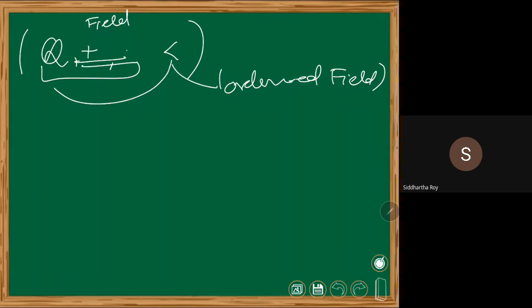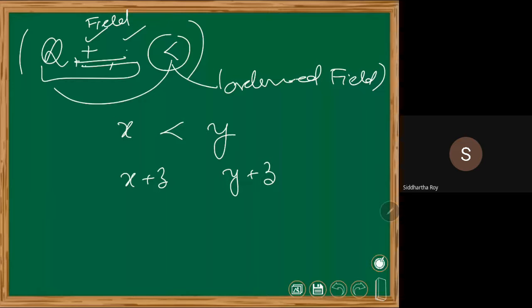Then only you can say, see, you have already defined addition and multiplication. How this addition behaves with less than has to be pronounced, which means suppose x and y are rationals and x less than y, can you say that addition behaves well? How will you do that? x plus z and y plus z, with z from Q, you try it out. Will it obey like this?